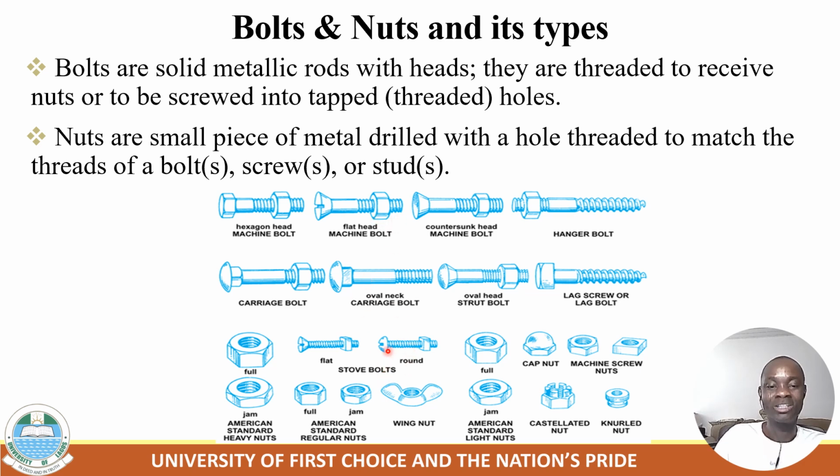Likewise, those that have a slotted head can be driven in and out with a screwdriver. And for a wing nut, you can use a bare hand to tighten it. So the application of the components you want to assemble together will determine the type of bolt and nut you are going to use and the tools for each as well.